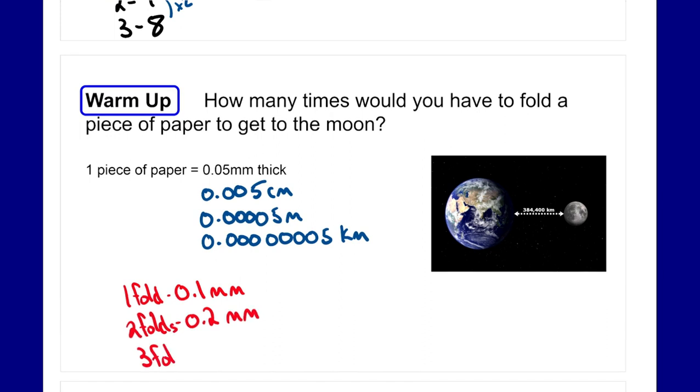Three folds, 0.4 millimeters thick. Think about what we were doing in the last warm-up, doubling or multiplying by 2 every time, and see if you can work out how many times you would have to fold a piece of paper to get to the moon.